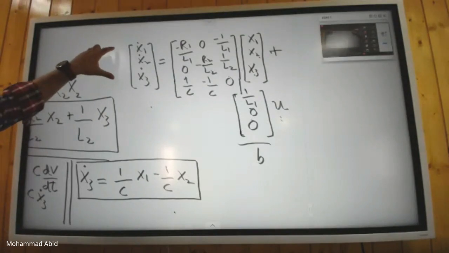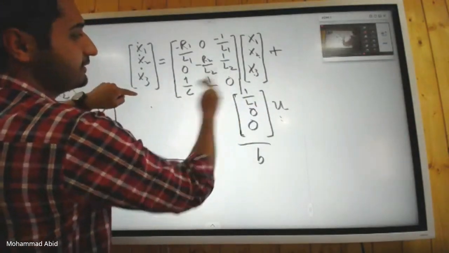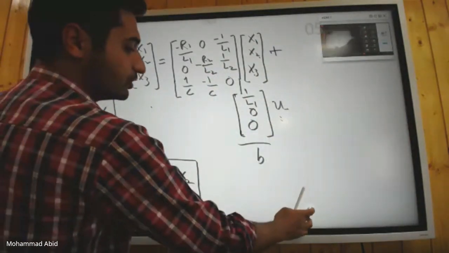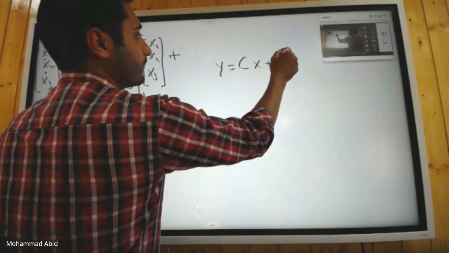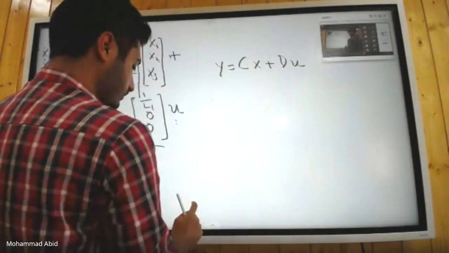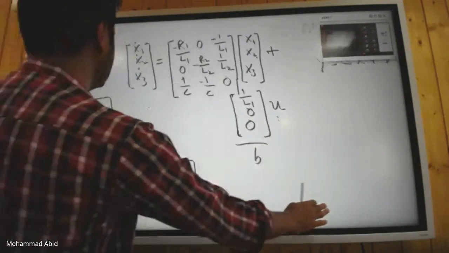So you have three state variables and you are representing the derivatives in terms of the state variables themselves and the inputs. You also have one more equation, y, the output. What did I assume as the output in this equation? I assumed the output to be I2.